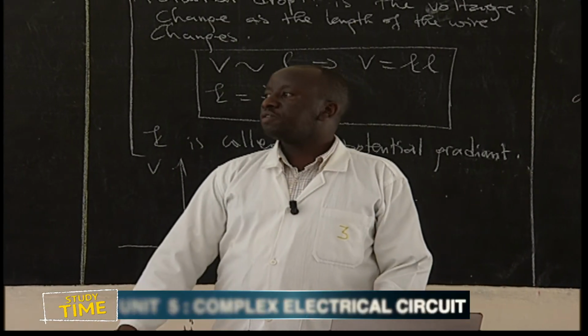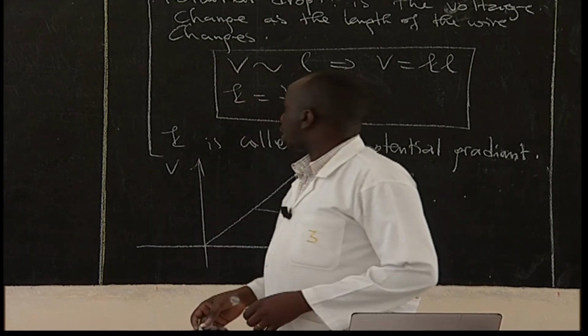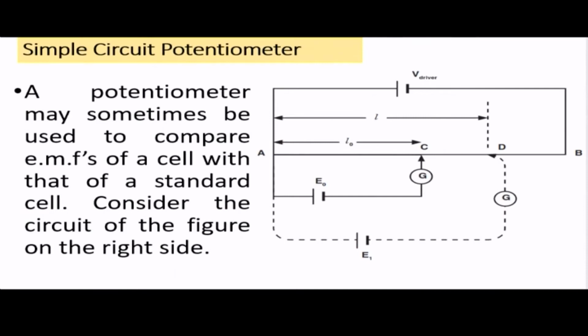There you find the exercises. So as we move on to the circuit diagram, let's see the circuit diagram here. A potentiometer may sometimes be used to compare the electromotive force of a cell with that of a standard cell. Consider the circuit of the figure on the right side.